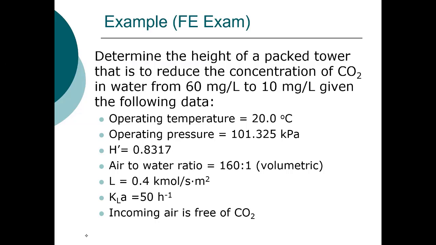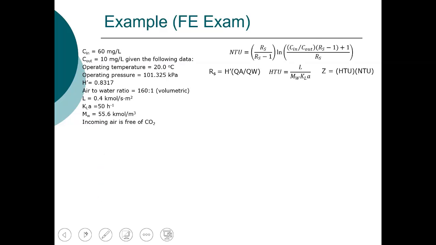The mass transfer coefficient obtained from the manufacturer is 50 inverse hours. And for simplicity, we're going to assume that the incoming air is free of CO2. So we have all of the parameters here. Just copy them over and the equations.